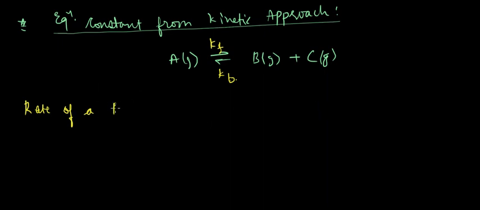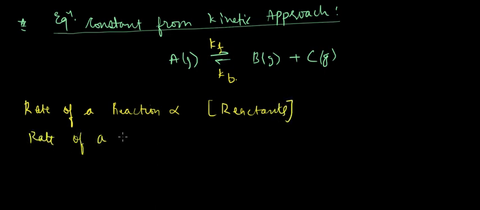So rate of a reaction is dependent on, proportional to, the concentration of reactants. In other terms we can write that rate of a reaction, we remove the proportional sign and replace it with kf or other k, which is nothing but the rate constant, multiplied with the concentration of reactants.